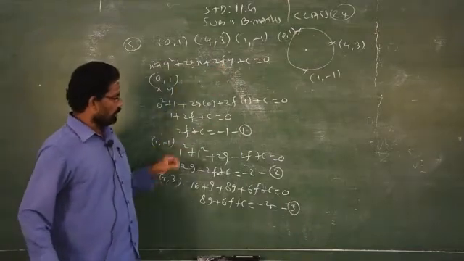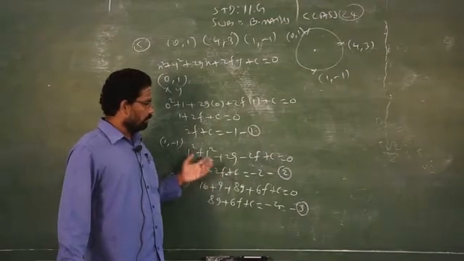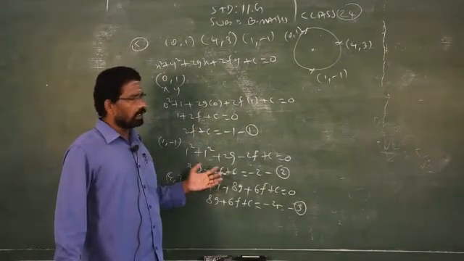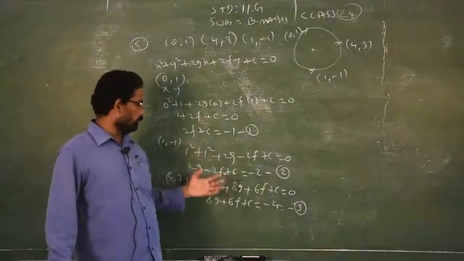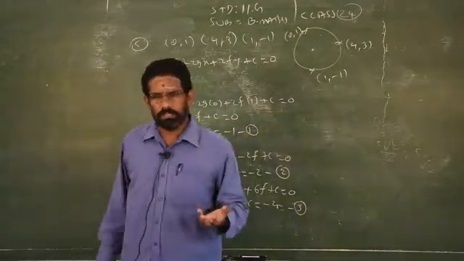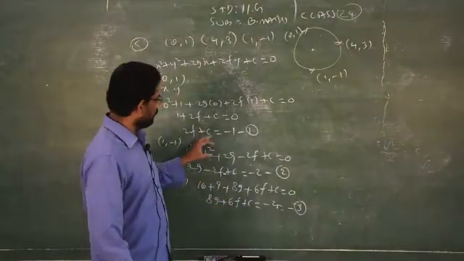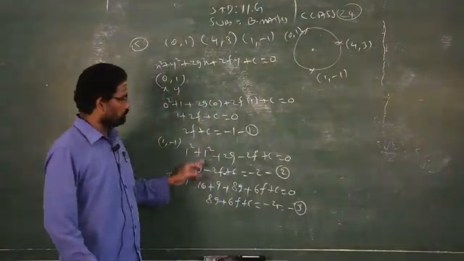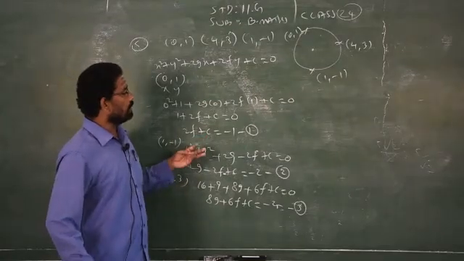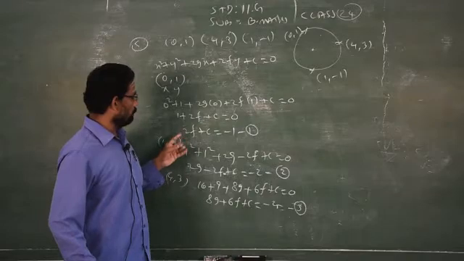I don't know whether you studied it in 10th standard or not, but if there are 3 variables in 3 equations, you can apply the matrix inverse method that you studied in the first chapter. Clear? You can apply the matrix technique to solve these equations 1, 2, 3. Instead of x, y and z, it is given as g, f and c, that's all.